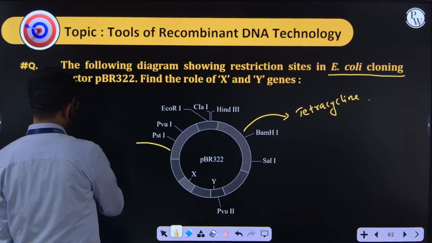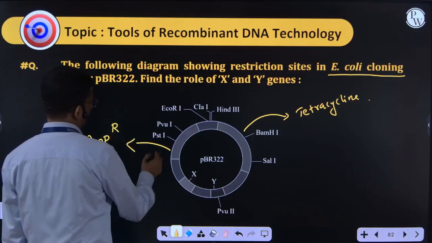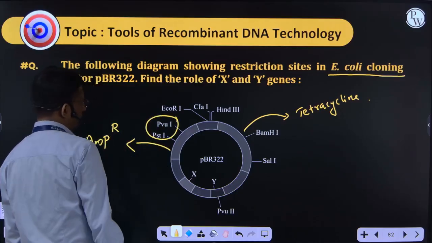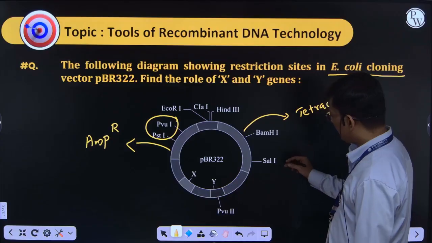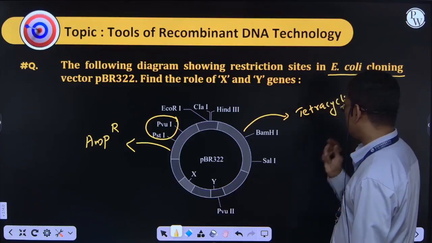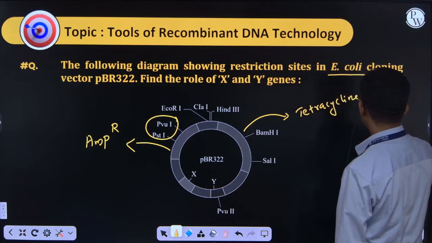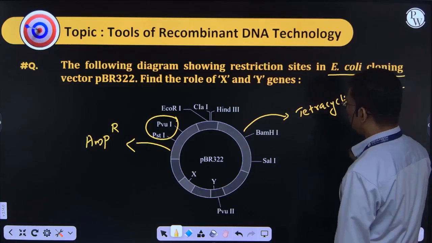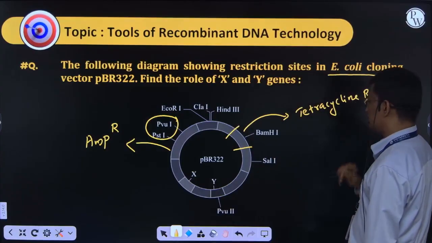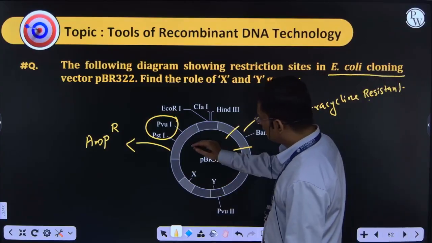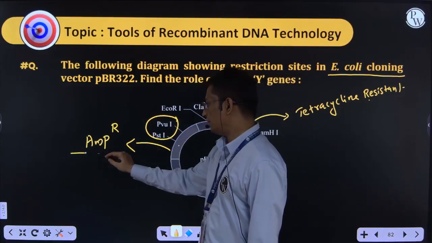Here, ampicillin resistance. PvuI and PstI have restriction sites in the ampicillin resistance gene. BamHI and SalI have restriction sites in the tetracycline resistance gene. Clear? If you remove this part, it will not show resistance against tetracycline. If you remove this part and insert another gene, it will not show resistance against ampicillin.